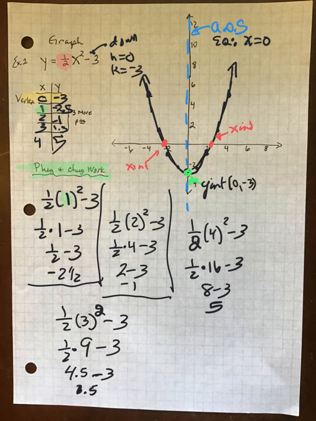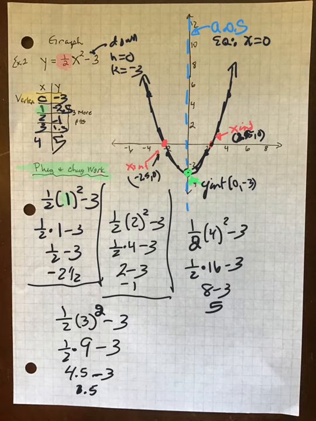The x-intercept looks like it's about maybe (2.5, 0), and this one looks like it's maybe (-2.5, 0). Sometimes you have to estimate. I just wanted to make sure you know about the x-intercepts and the y-intercepts as well.